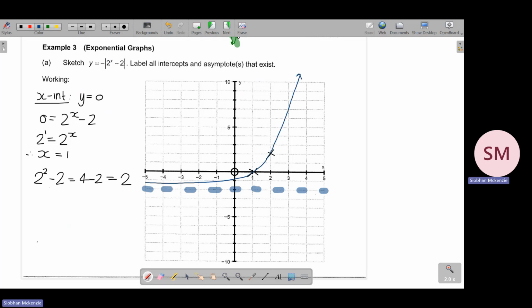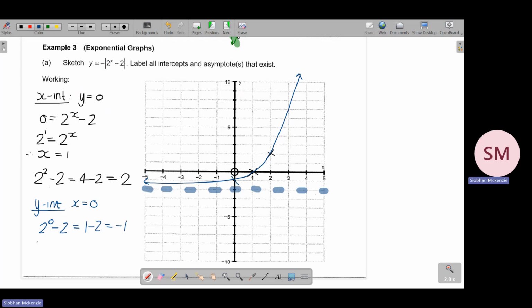Or we can even find a y-intercept. Your y-intercept is where x is 0, right? It should be 1 above, but we can do it anyway. So you're looking at 2 to the power of 0 minus 2, which is 1 minus 2, which is minus 1.